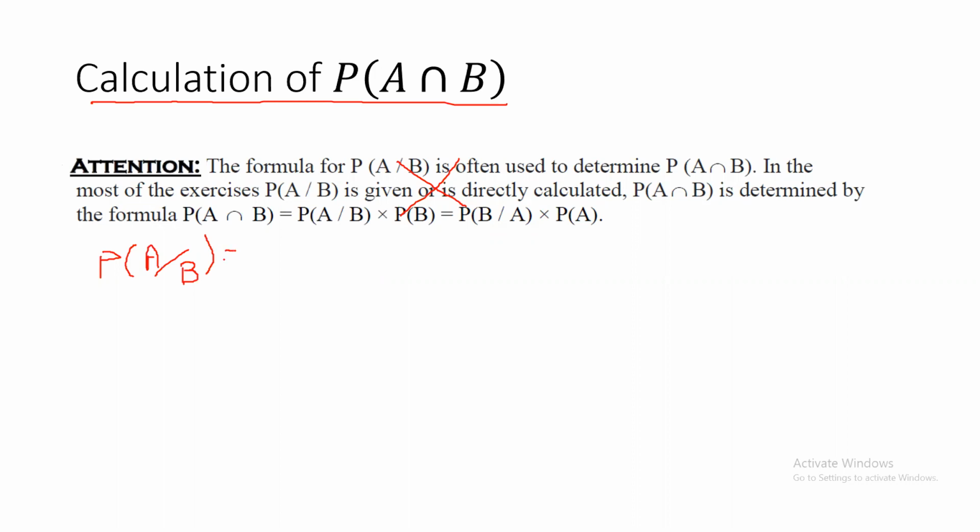It equals probability of the intersection over probability of B.